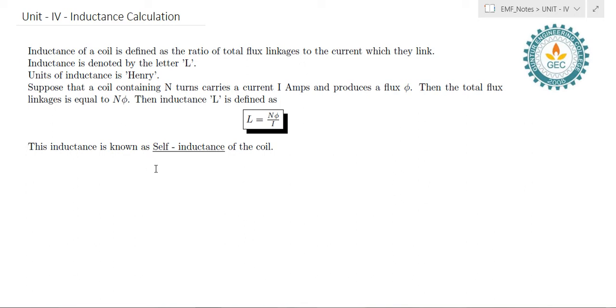So, if you take a conductor, what might be the shape of the conductor? That is immaterial. There exists a magnetic field when current is flowing through the conductor.